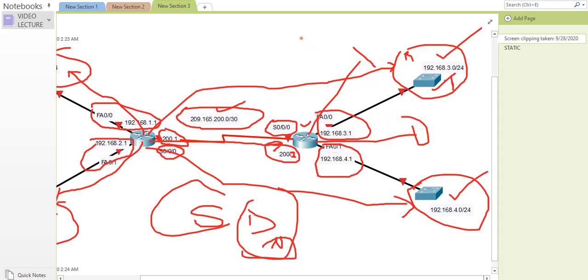Maybe 4 of them, or these 2, you can combine into one network. You summarize it into one network and then forward the route to that. In that case, this router will be able to communicate with each of these with only one static route statement instead of multiple static route statements. That's what summary means. So I am going to do the summary static route video.